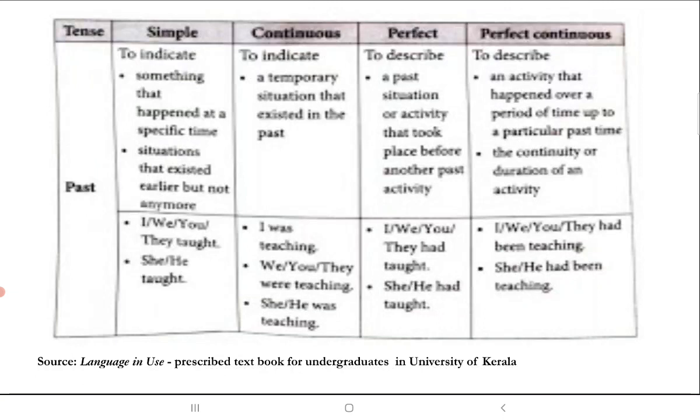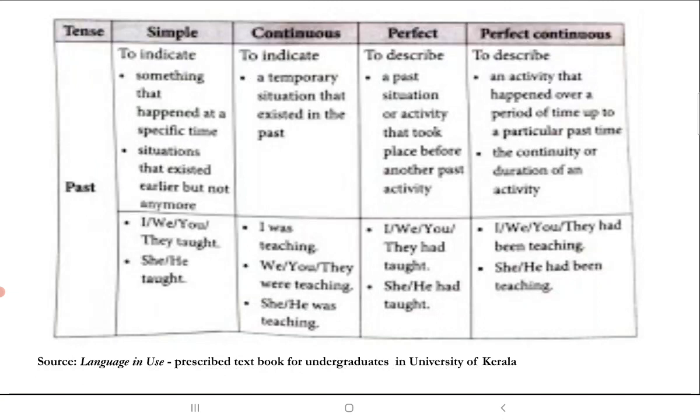Then coming to past perfect: to describe a past situation or activity that took place before another past activity. For example, they had taught, he had taught, she had taught in that school.